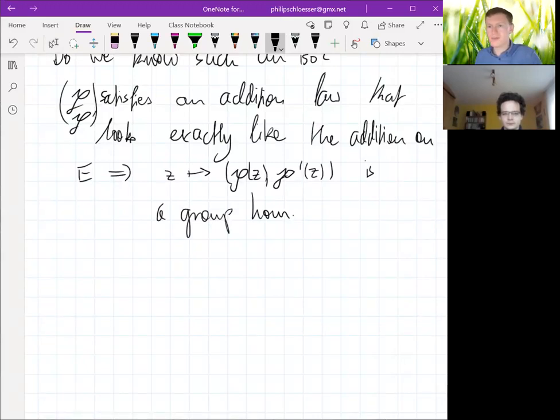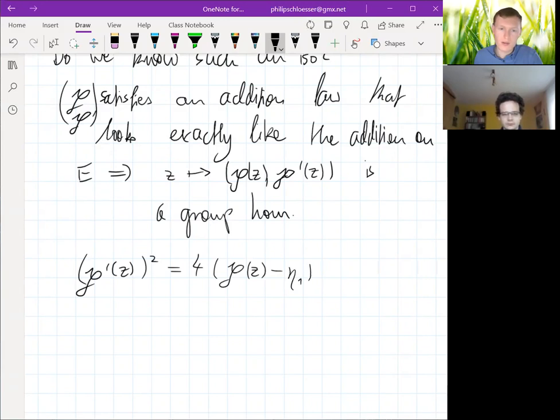Or we can rescale P to get a different curve and stuff like that. And I'm going to do a bit of that now. So we start out with our equation, but already with the zeros filled in.